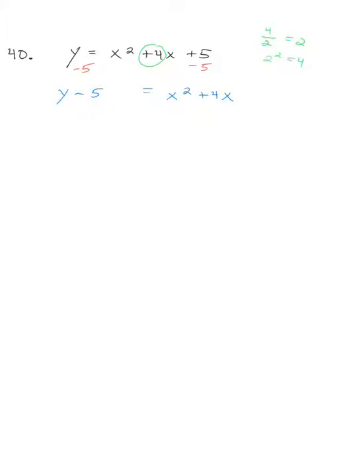I'm going to add 4 to both sides of this equation. In doing so, on the left we get y minus 1 is equal to, and on the right, I know this is a perfect square. All you have to do now is just add 1 to both sides. And this is my solution. Y is equal to x plus 2 squared plus 1. I think I'll note that the vertex is negative 2, 1. The graph moved left 2 and up 1.